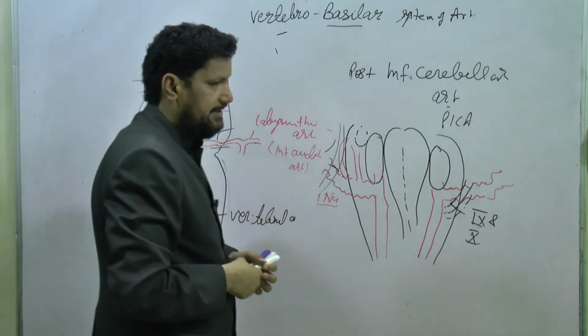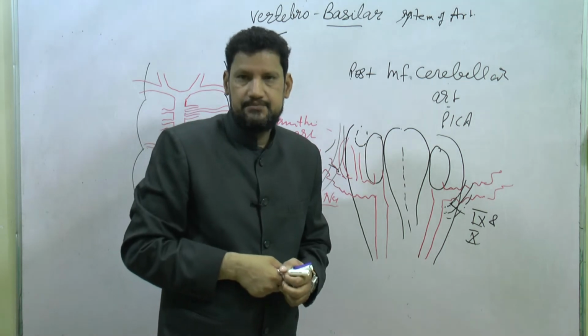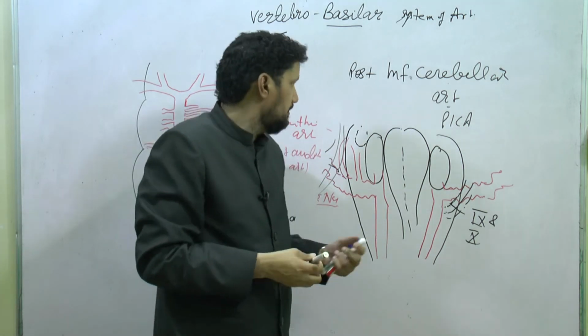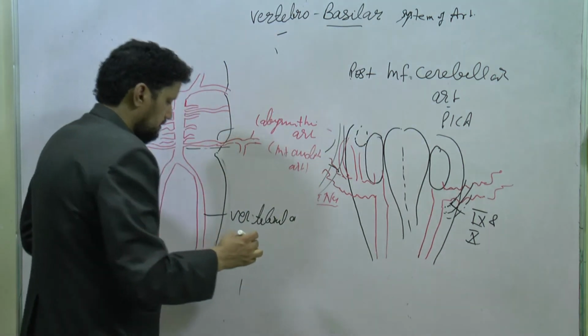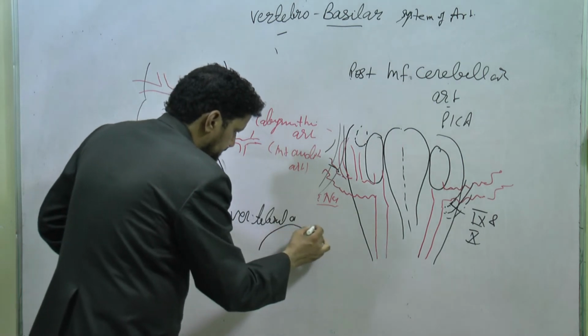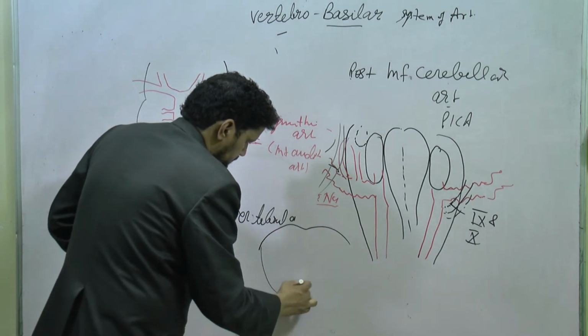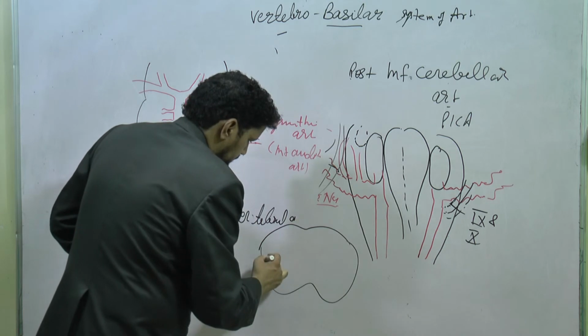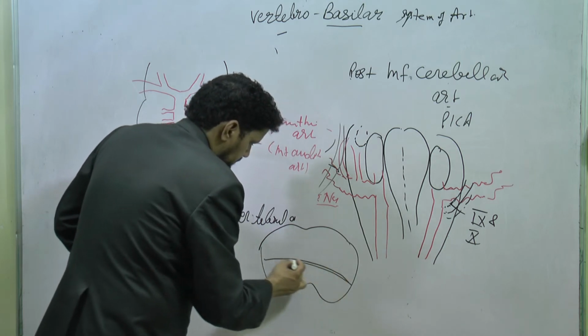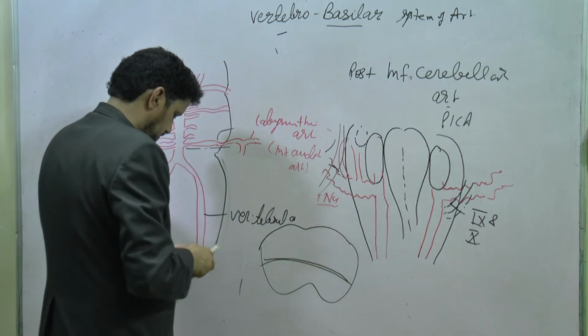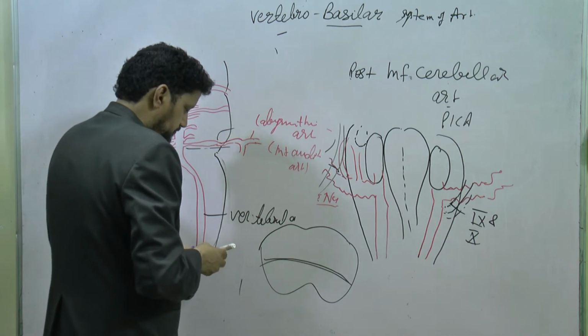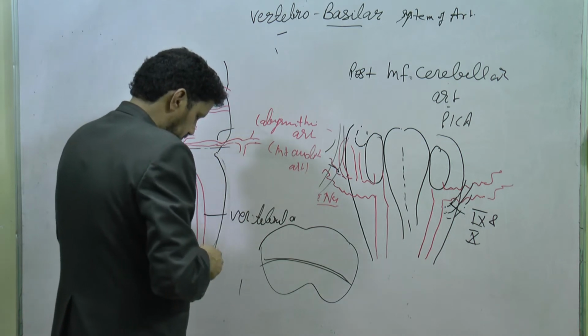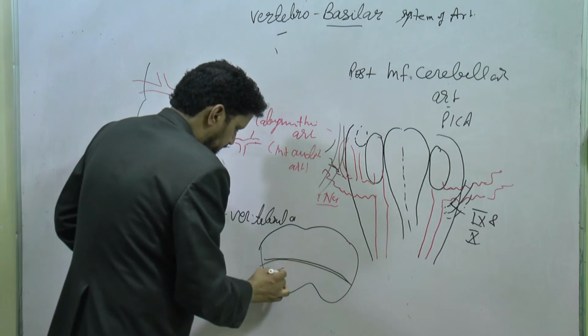So the anterior inferior cerebellar artery provides blood to the anterior surface of the cerebellum.